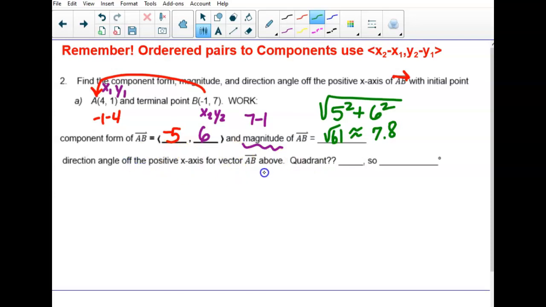And then to find the direction angle, on the quiz this time I did give you a hint, like what quadrant are we in, so that if you could at least tell me that, I would know you're on the right track. -5, +6 is quadrant 2. You can use a regular 2, I don't care. And then how do we find an angle?